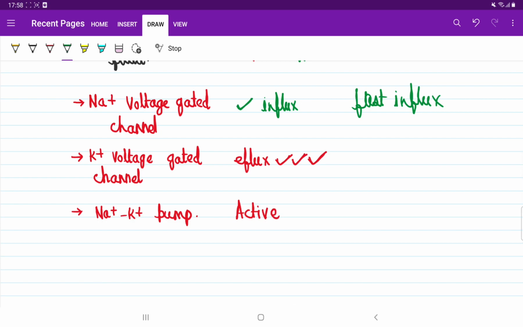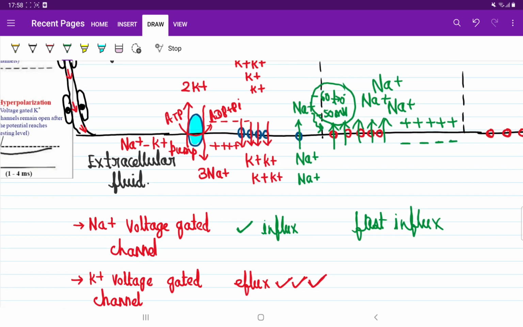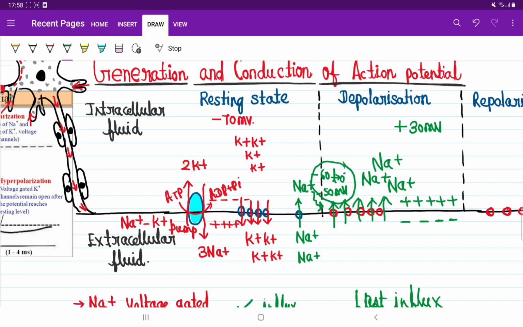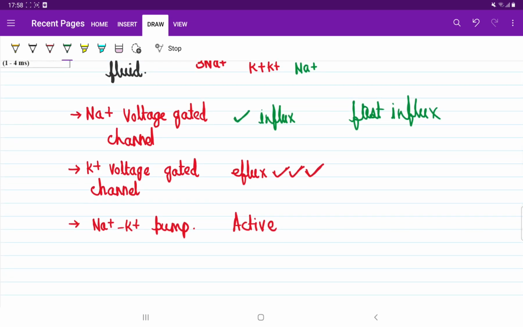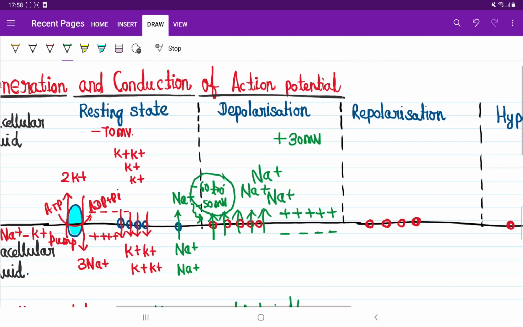At the time of depolarization, which exists nearby 0.5 second, the potassium ion voltage gated channel is inactive, and the sodium potassium pump is also not working.